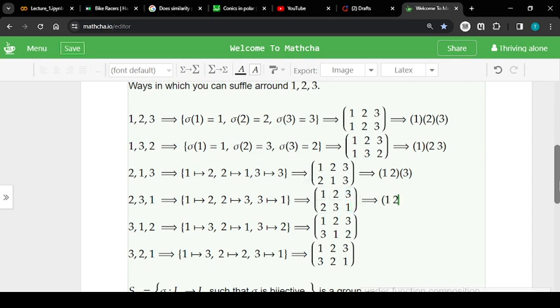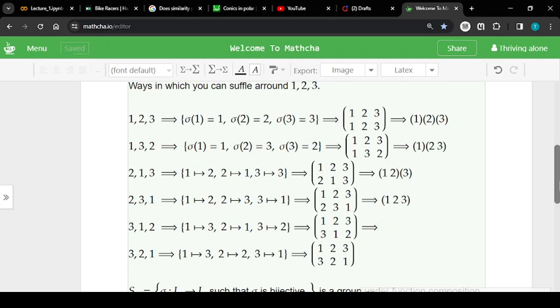You could see 1 is mapped to 2, and then 2 is mapped to 3, so we just place 3 adjacent to it. And then 3 in turn is mapped to 1, so we just close it. That's about it. I hope the notation becomes more and more clear. You need to solve some problems in order to make yourself familiar with this notation.